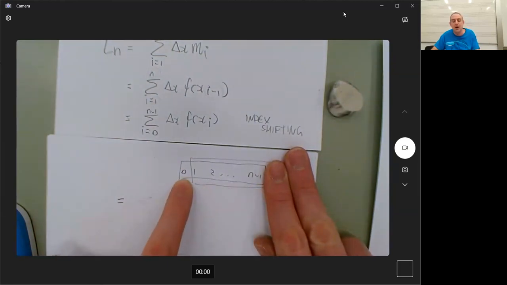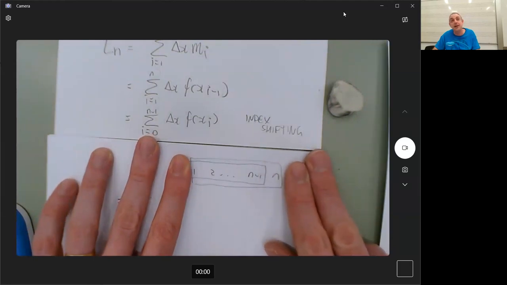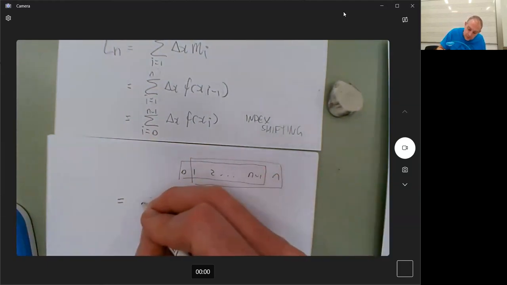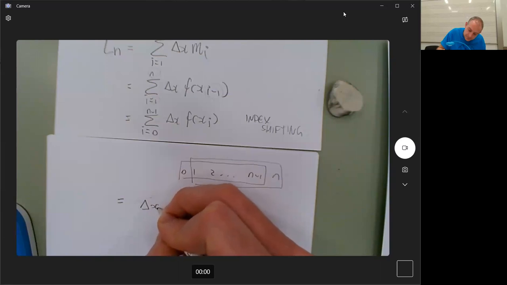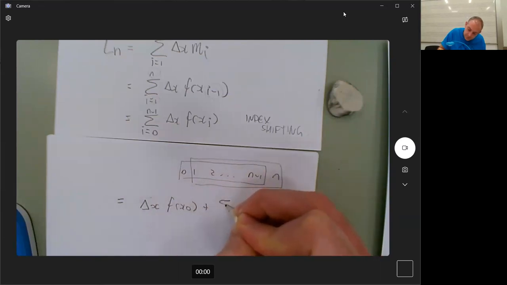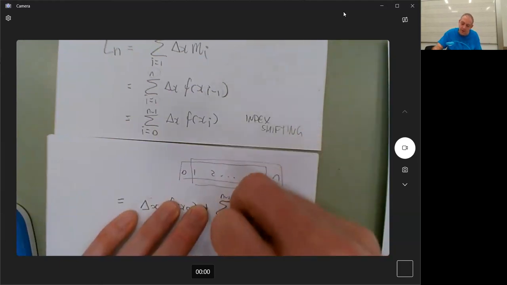If I remove the i equals 0, I'll have this bit. And if I put the i equals n in, I'll have that bit. So I'm going to remove the one where i equals 0 and go all the way.